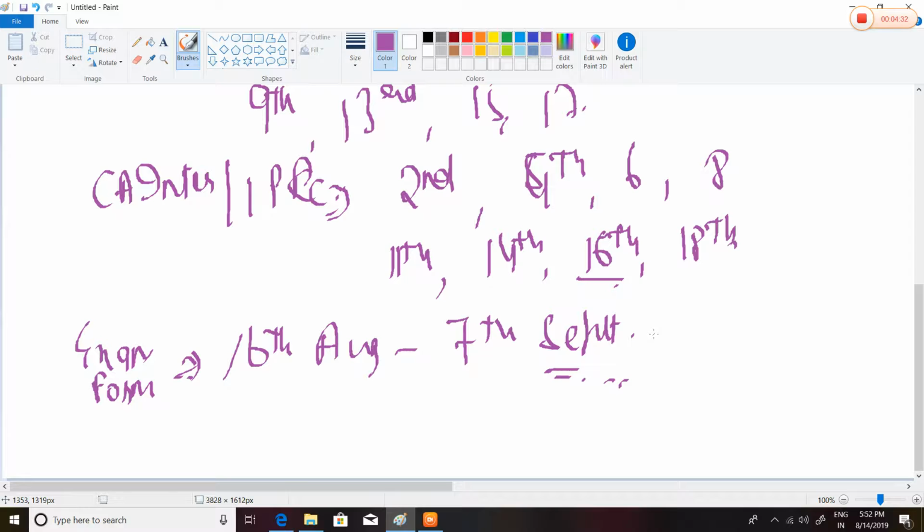So 16th of August to 7th of September is the exam form date. Fill accordingly: firstly wait for results, then only fill the exams.